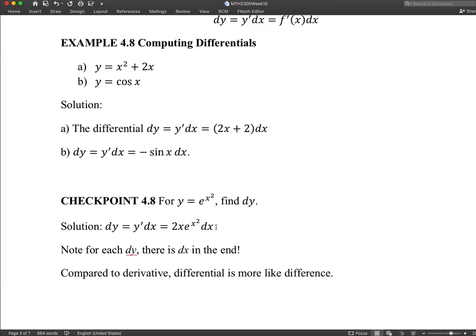That's a differential. Compared to a derivative, a differential is more like a difference. So this is the discussion of section 4.2, linear approximation and differentials.